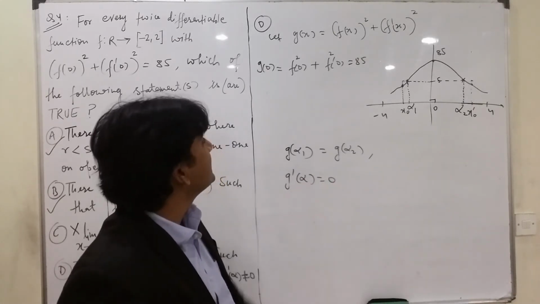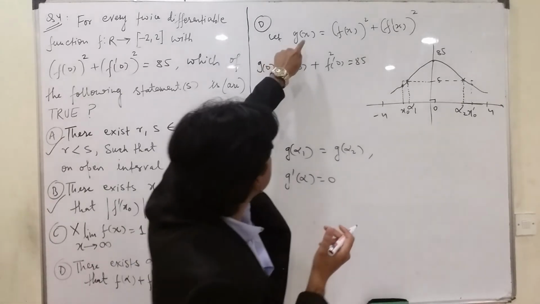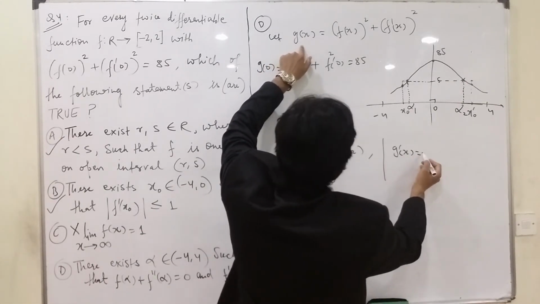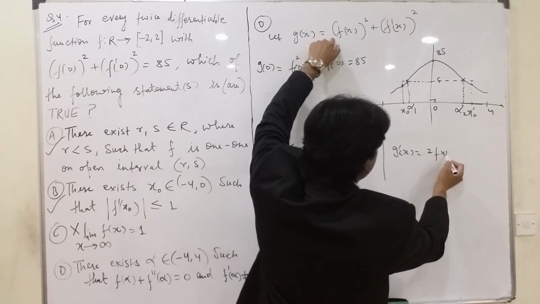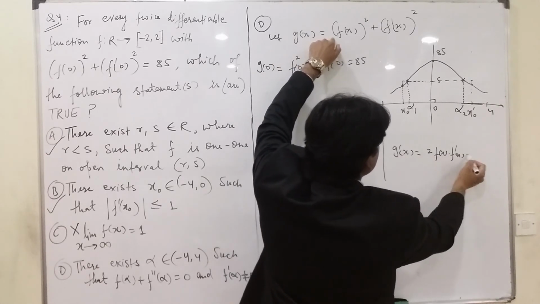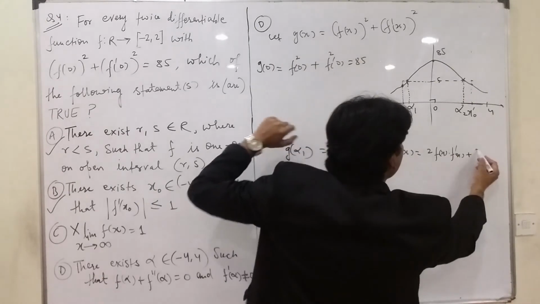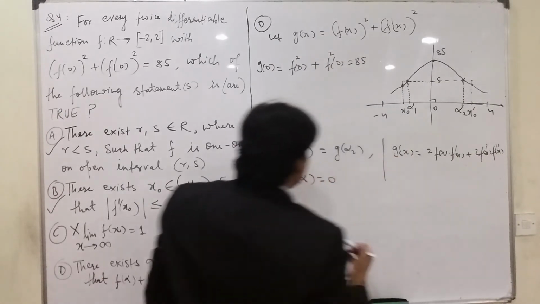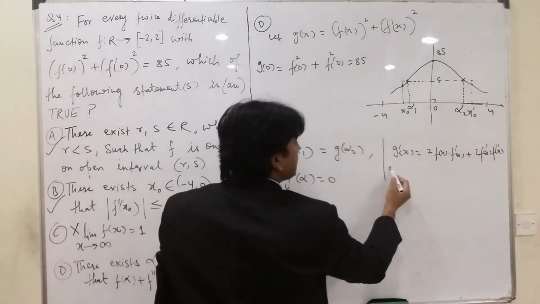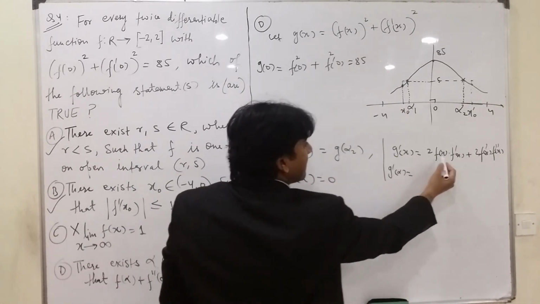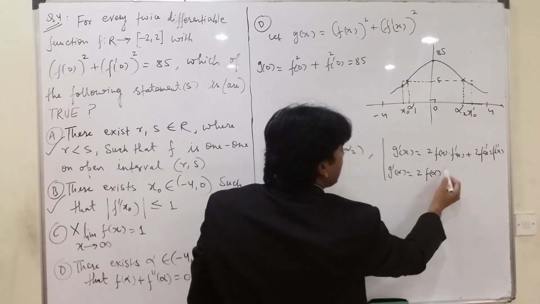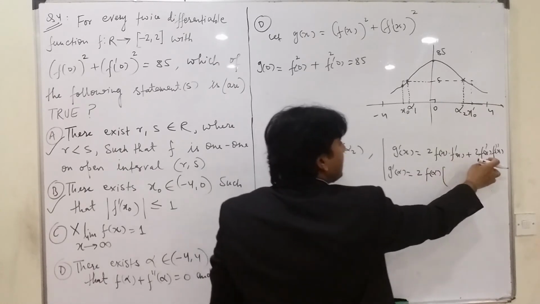So now we have to find g'(alpha). Let us differentiate this. g'(x) is 2f(x)f'(x) plus 2f'(x)f''(x). So g'(alpha) we need to find. Then this is 2f'(alpha), which I can take common, because here it would be alpha and here it would be alpha.